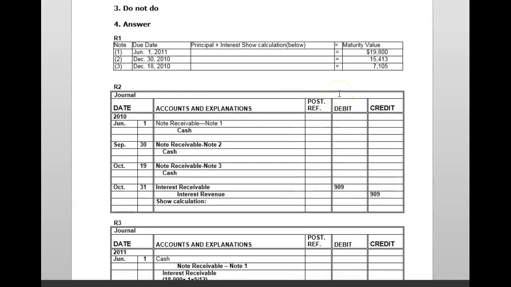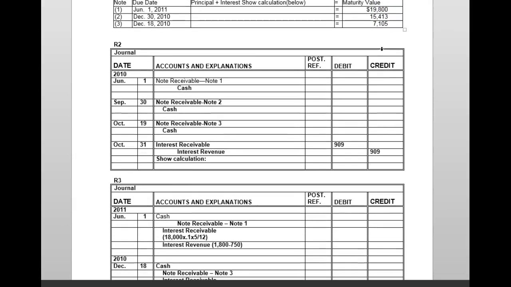And this one's asking you, what is its maturity value? Well, I've already given you the answers. You have to give me the calculations. We'll kind of reverse this a bit. So you will do that and figure out what the calculations are to come up with this amount.